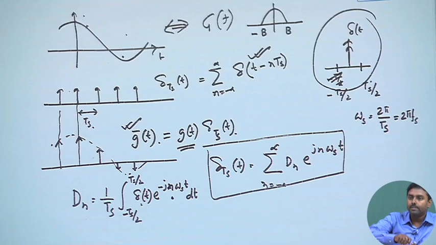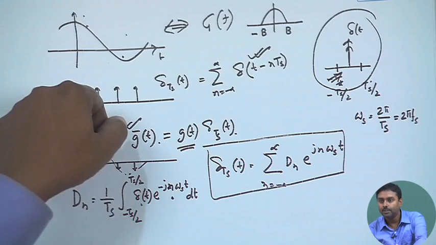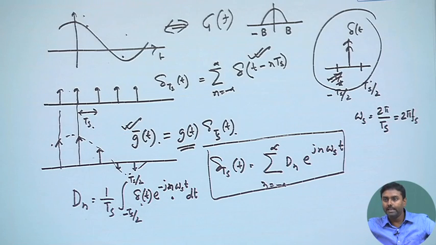So, delta t if it is multiplied by a function and then integrated over the entire duration, I will be getting this particular function. So, if I integrate it from minus Ts by 2 or from minus infinity to plus infinity, because delta t is 0 anywhere else.